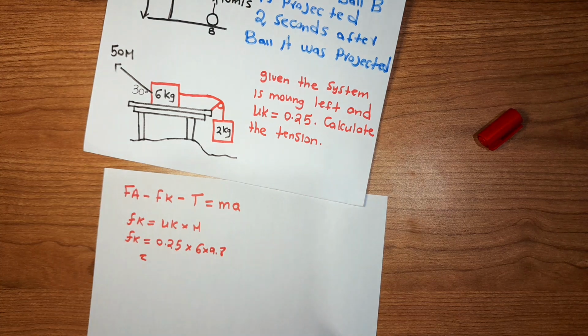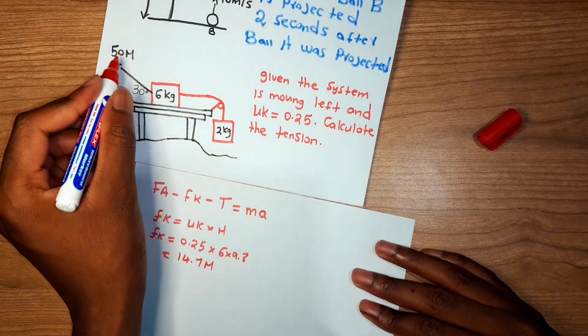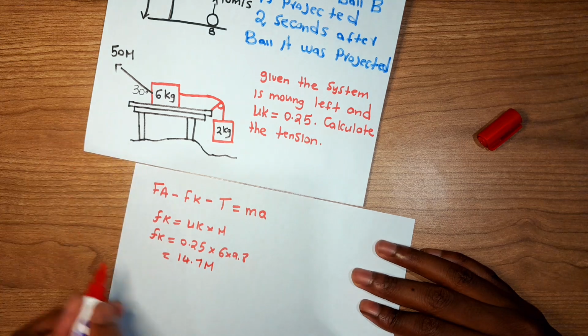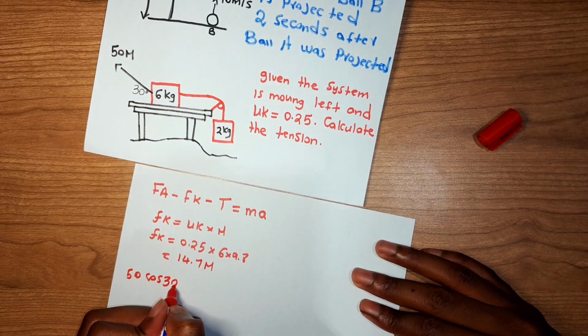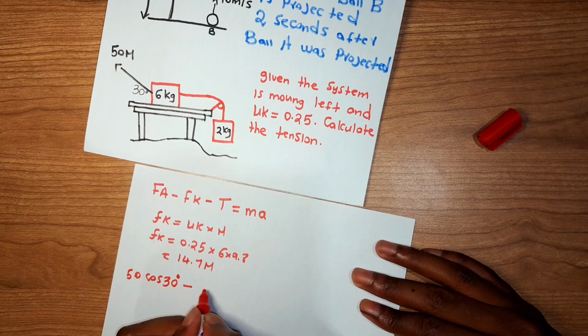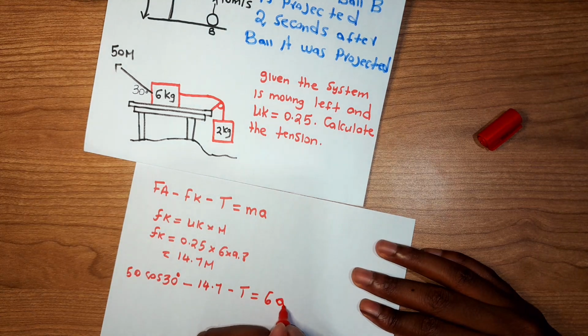So I'm going to have 0.25 times 6 times 9.8, that equals 14.7 newtons. The force applied, as we can see, is 50, but because it's on an angle, it's going to be 50 cos of 30 degrees. I don't have time to explain why, minus friction of 14.7 minus tension equals m, the block is 6, times a.